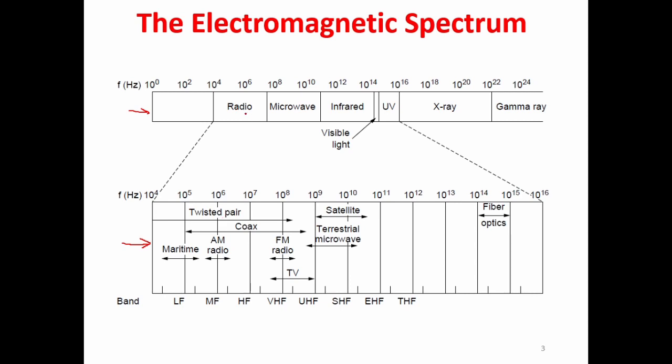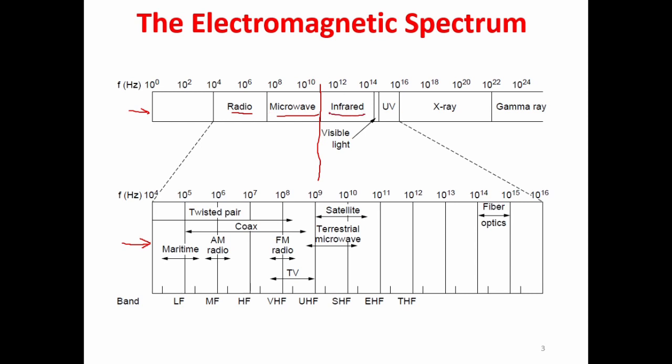For instance, if the wave is radio or microwave, the technology that we can use is twisted pair, which I will explain, or coaxial cable, or for instance maritime cable or radio for this range of frequency. So the range of frequency determines the type of the wave that we are working with.